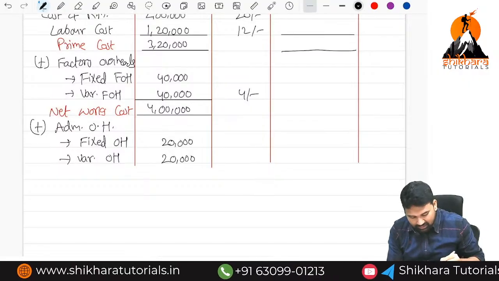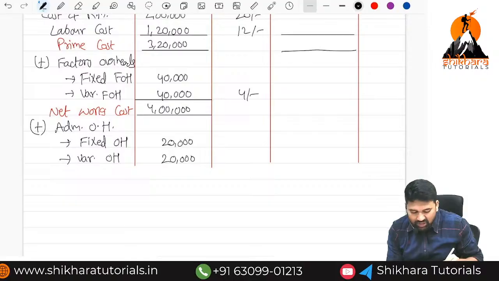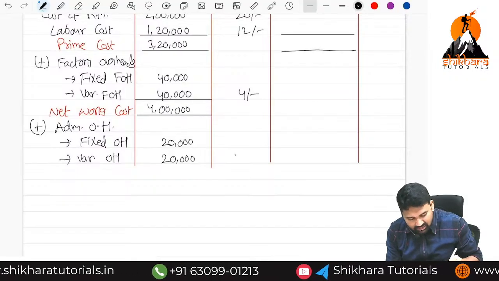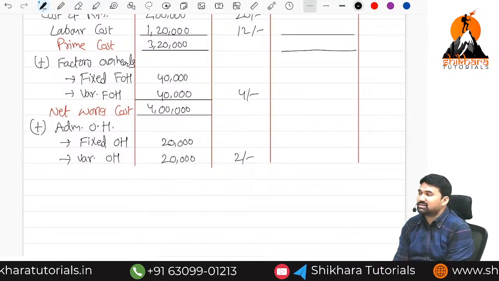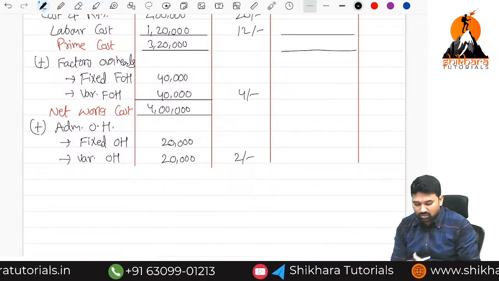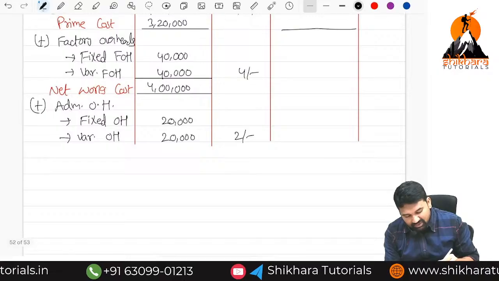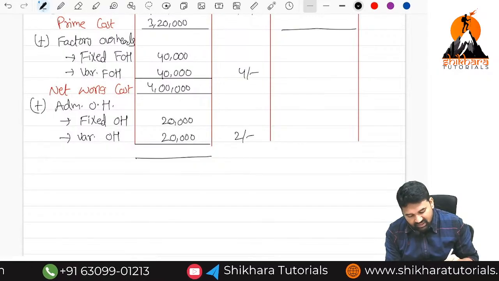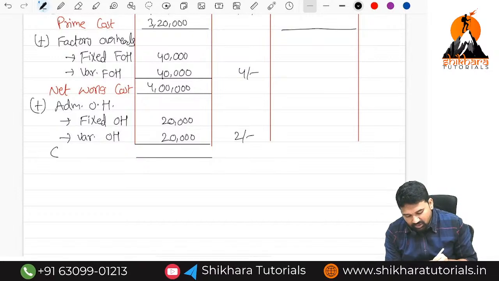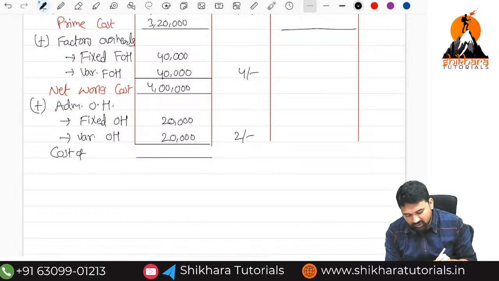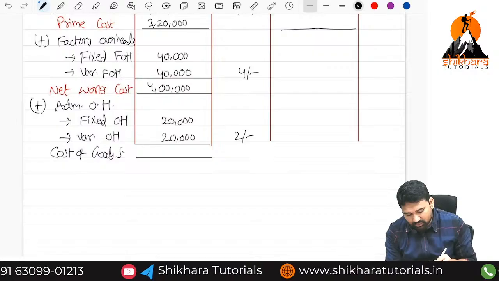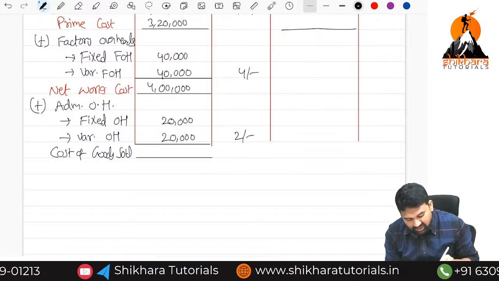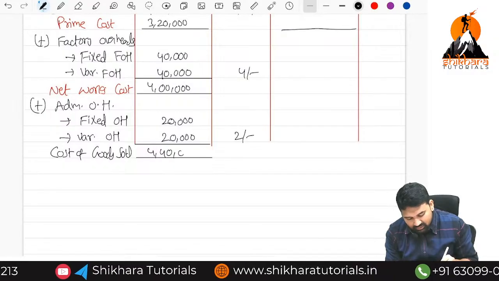Now variable overheads 20,000 for 10,000 units. That means 2 rupees. Everybody following? So the result will be cost of goods sold directly, because no adjustments have been given. That is 4 lakh 40,000.